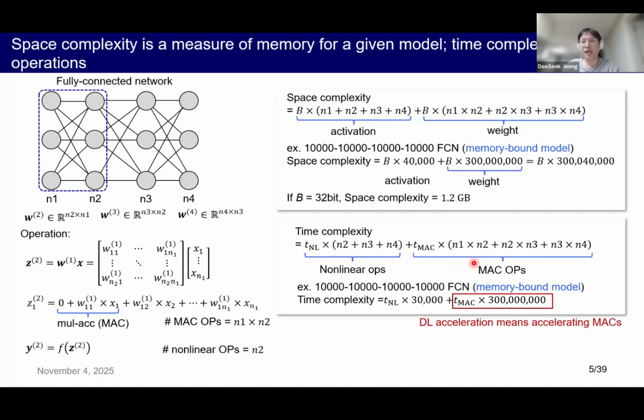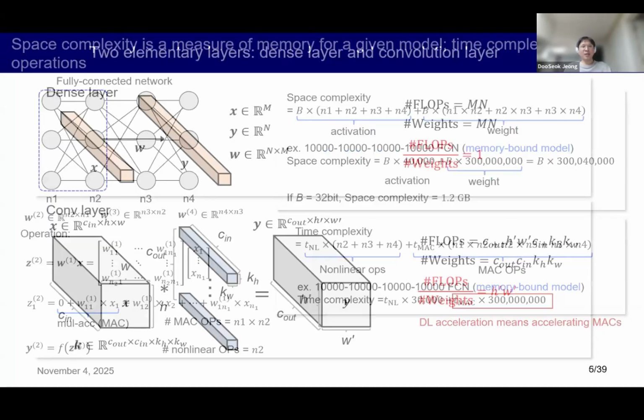The point is that if you accelerate deep learning operation, you basically accelerate the so-called GEMV operation, which is the multiplication of a matrix and a vector. Or if you think about batch, it is the multiplication of matrix and matrix. So that's a general strategy: you have to accelerate the MAC operation, then you can speed up the total computation overall.